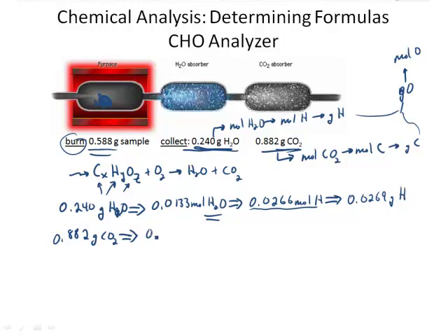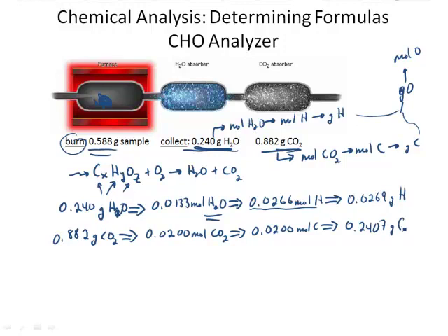So that's 0.0200 moles of CO2, which means you have that same number of moles of carbon, 0.0200 moles of carbon. And then we'll go ahead and convert that into grams of carbon, times 12.01. So 0.2407 grams of carbon.